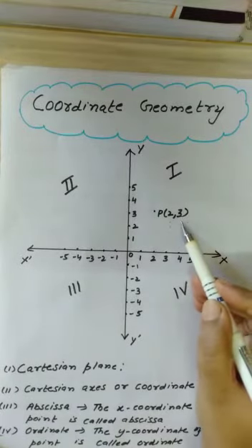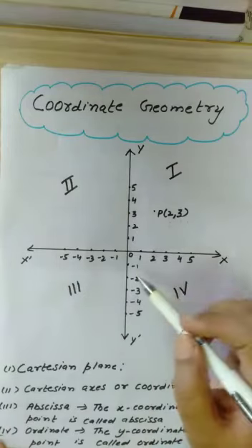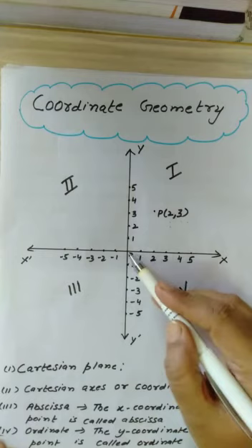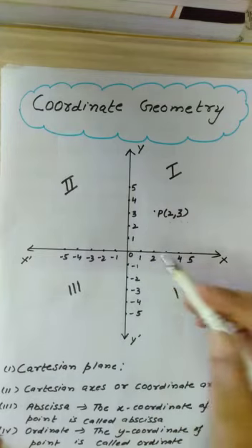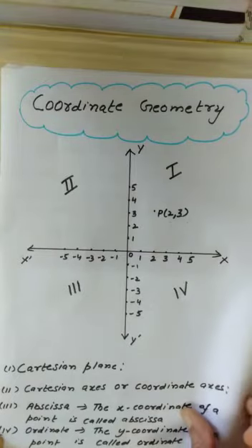So what is the ordinate of this point P? The ordinate of this point P is 3. The point where the two mutually perpendicular axes meet is known as the origin of the coordinate system, and we know that the origin has coordinates 0 and 0.